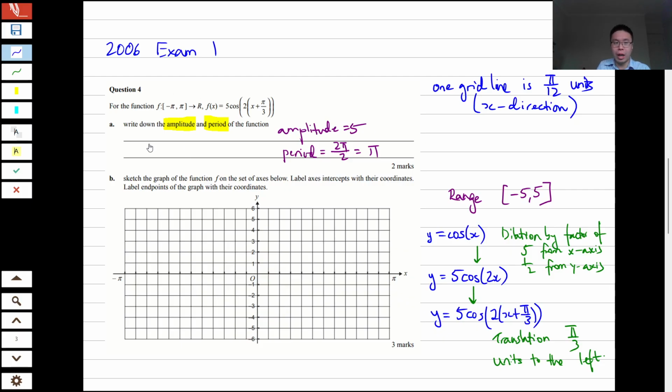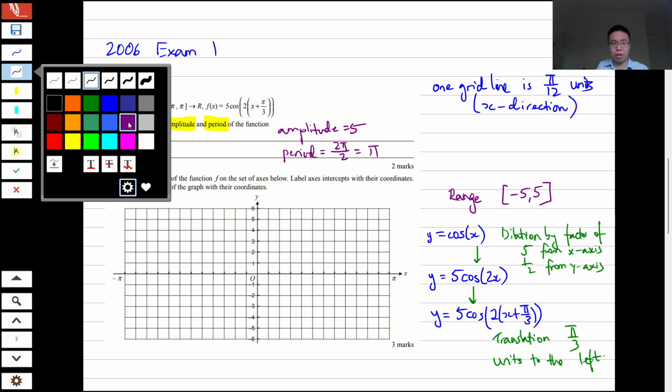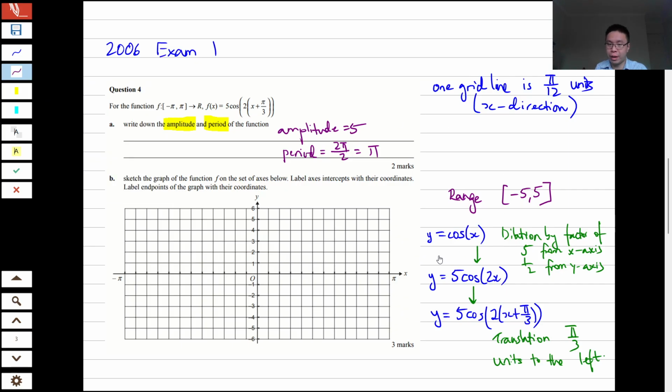So what do I know? I know that when I start with y equals cosine of x, I have a point with coordinates 0, 1. Remembering that the cosine graph looks like this. So I'm interested in thinking about what's going to happen to this particular point, 0, 1, and then I can start drawing my cycles.